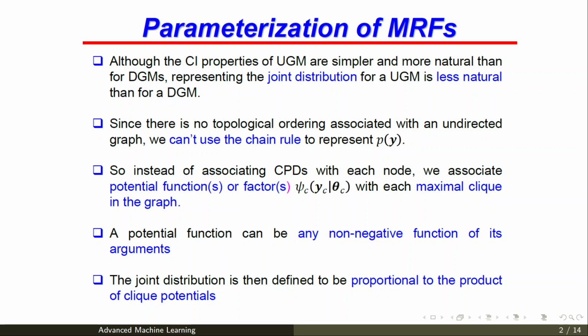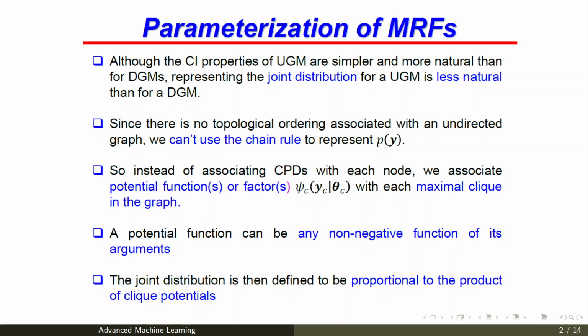And by using only potentials, you may not be able to do inference also. So for doing inference, you may need to work with the joint distribution, the whole joint distribution of the potentials.